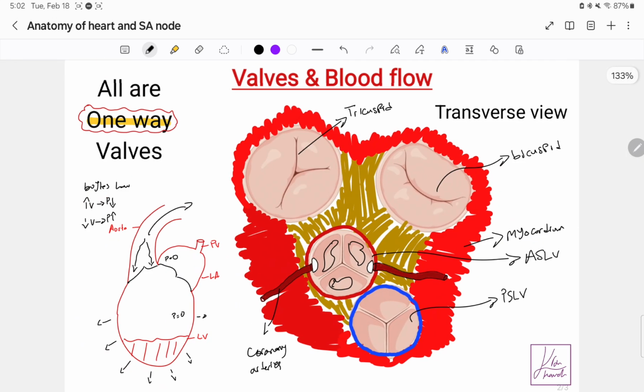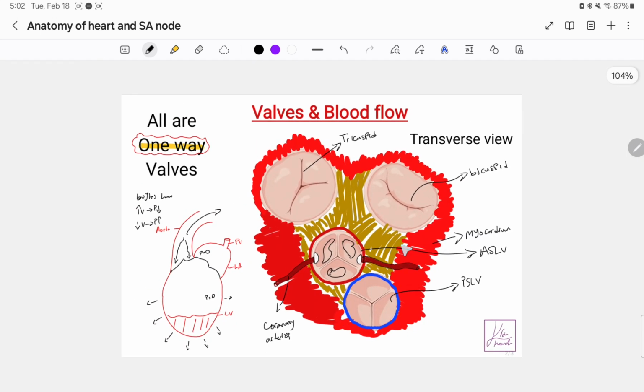And notice the irony here. Notice the irony here that the rest of the body is receiving its blood, including the pulmonary circuit and the systemic circulation. They're receiving their blood when the heart is contracting, but the heart itself is actually receiving the majority of its blood when it's relaxing.